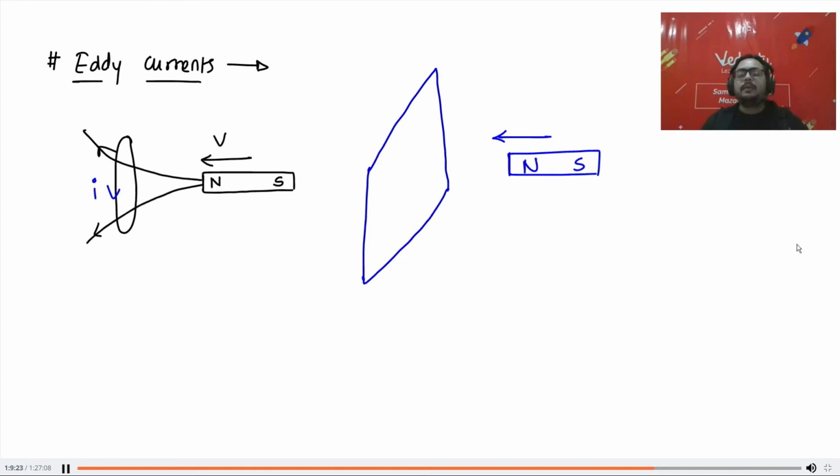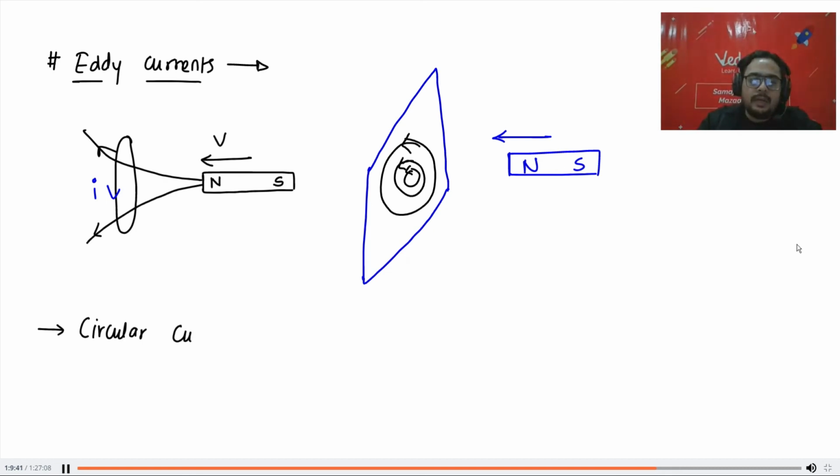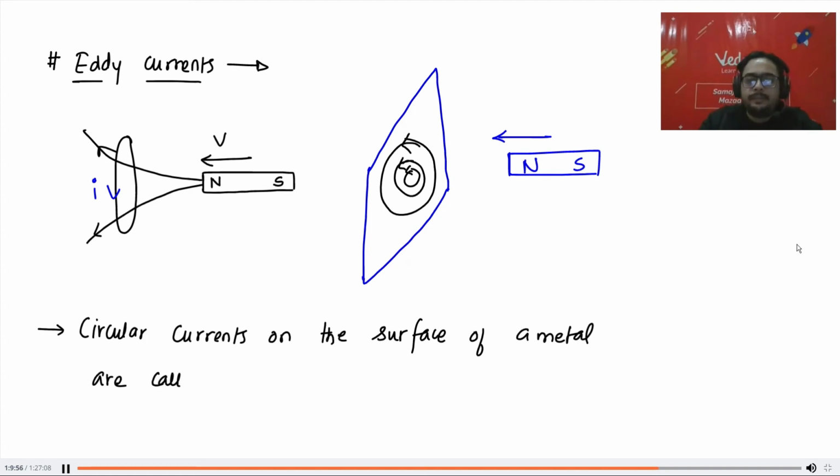Experimentally it was seen that when magnetic flux through a metallic surface was changing, circular currents were generated on the surface of the metal, and these circular currents are called eddy currents.